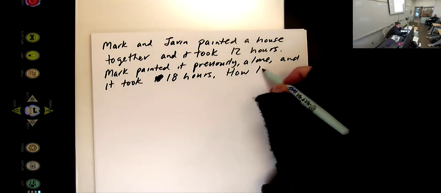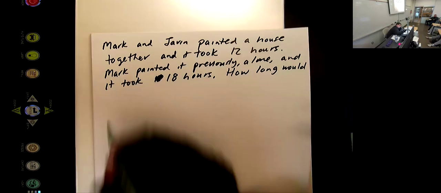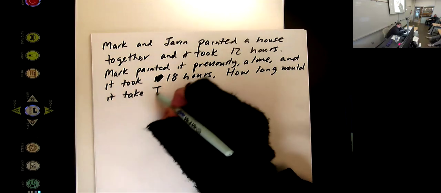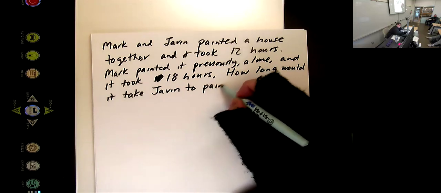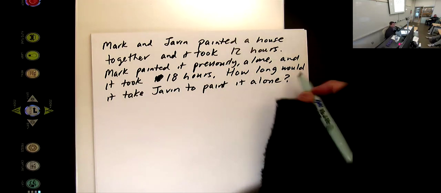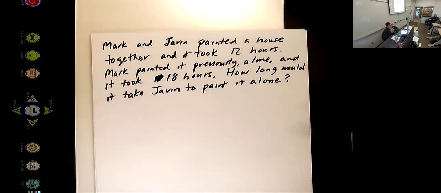How long would it take Jaden to paint it alone? Well, if it takes 12 hours together, it reasonably should take longer alone.